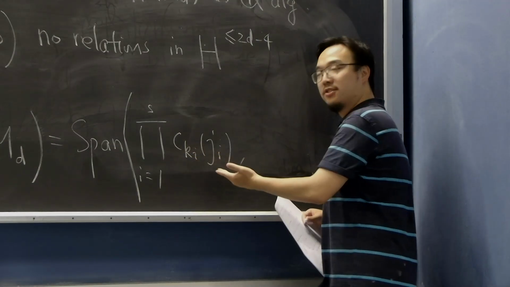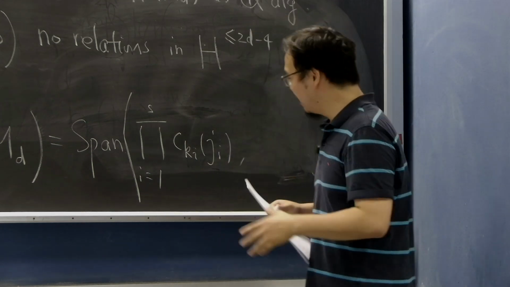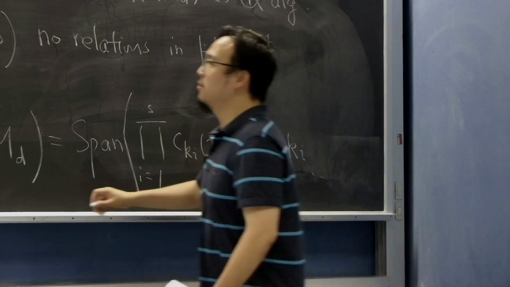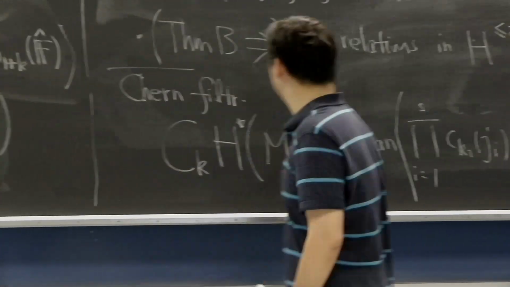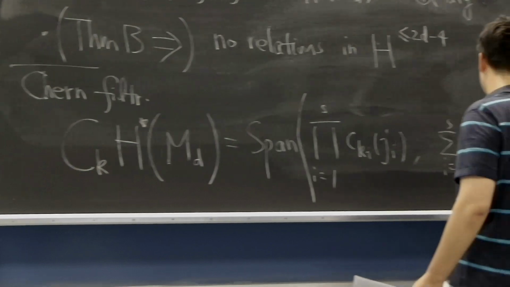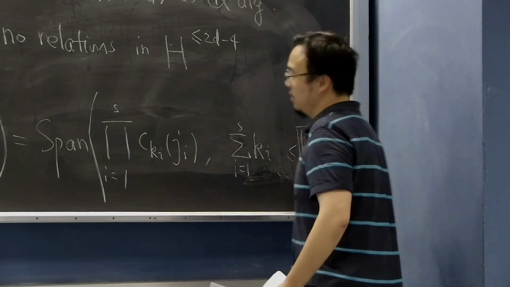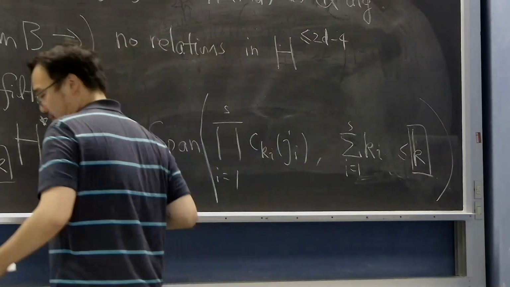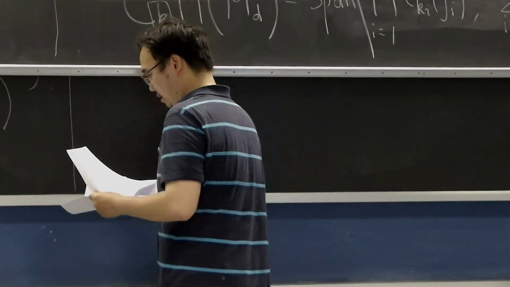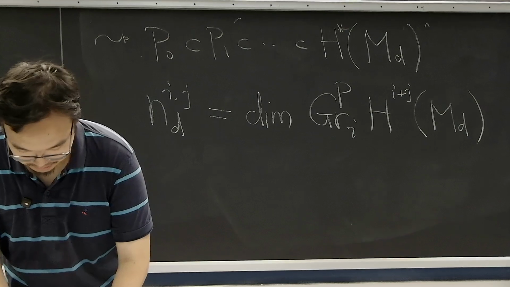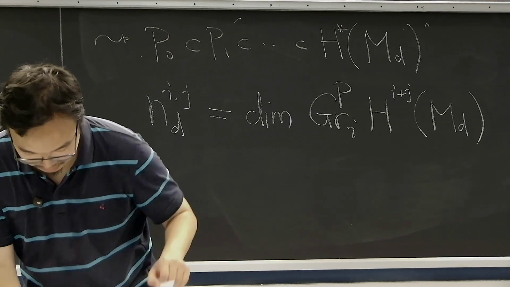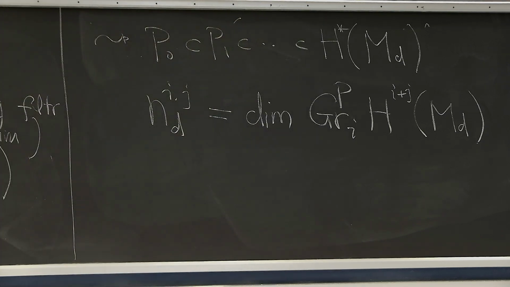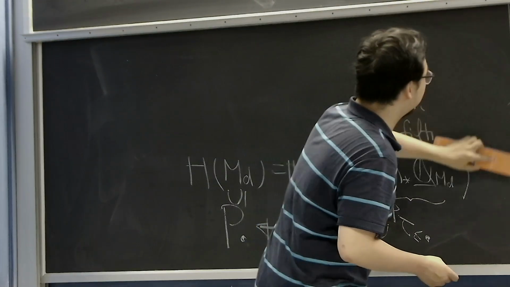When you choose different K and J, they lie in different cohomological gradings, and the only thing you bound is the total Chern grading, which is only about which Chern class you take for the universal family. So you only bound this to be K, which is the same index here. So you can filter things.